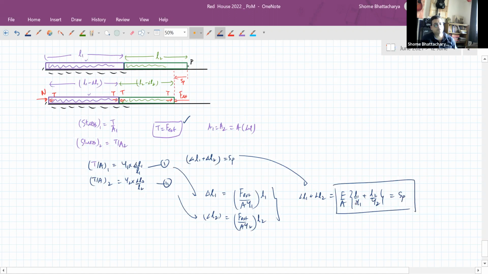So this is the equation we'll solve to find the external force.